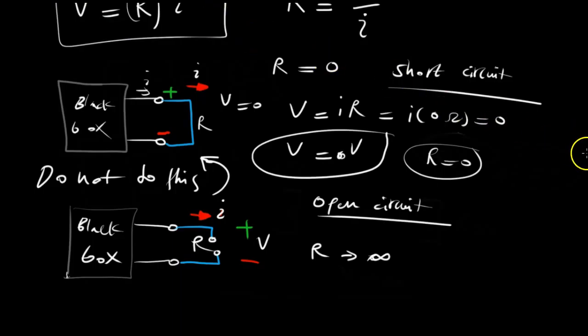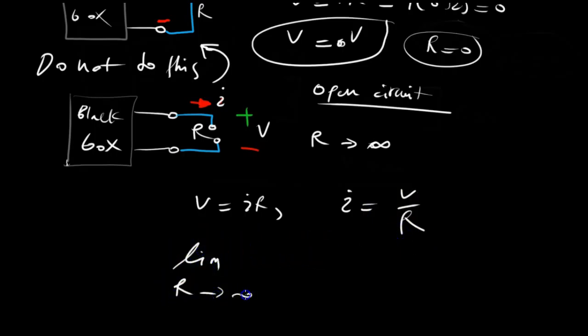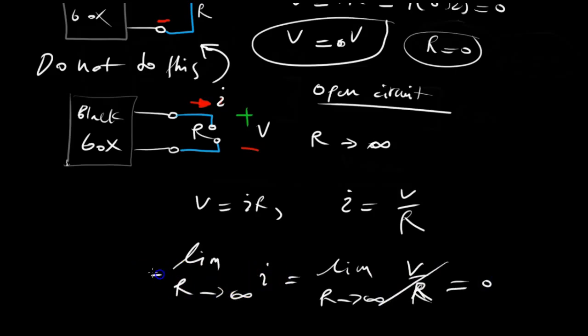Therefore, if you look at Ohm's law, V is equal to IR, and if I rearrange to solve for I, I get V over R. Now if I take the limit as R approaches infinity, which is a calculus property, what you're going to get is that the current is equal to 0.